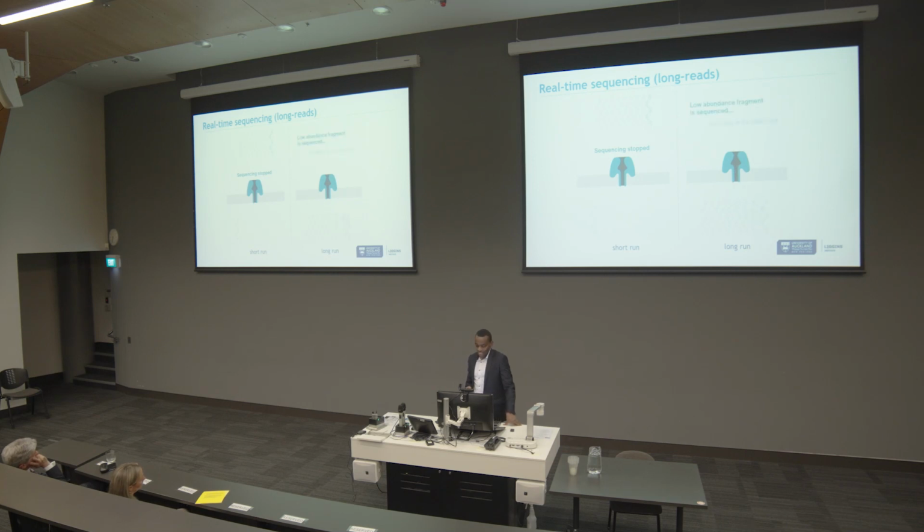In some cases, we can let it run for a few hours, even a few days. This is when you want to increase the sequencing depth, and also when you have a sample with a low quantity of DNA. This is really interesting because it's very adaptable, and that is something we are very excited about.